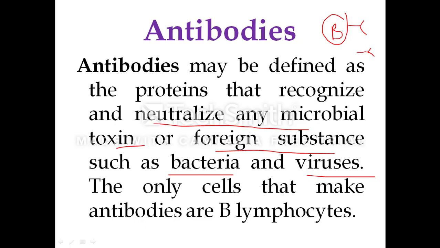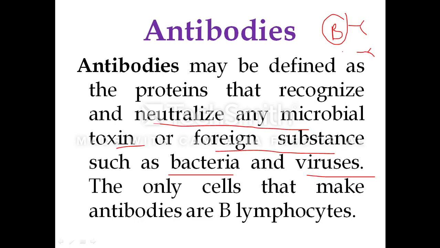The substance or the molecule that is identified by the antibodies and can evoke the antibody response is called an antigen. Some commonly used terminologies while explaining the structure and function of antibodies are, first, serum.